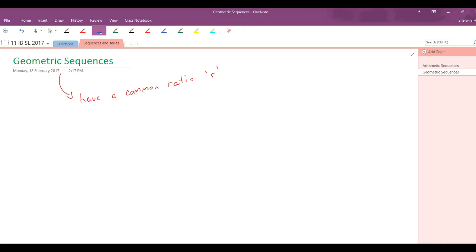In the simplest terms, take any term, divide by the term immediately before it, and you'll get R. If that's the same for any pair of terms in a sequence, then you have a geometric sequence. Now, we know that U1 is the first term and that R is the common ratio.